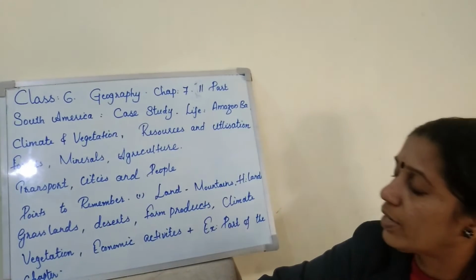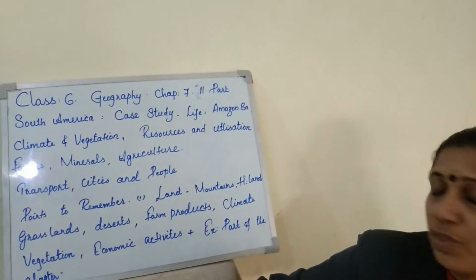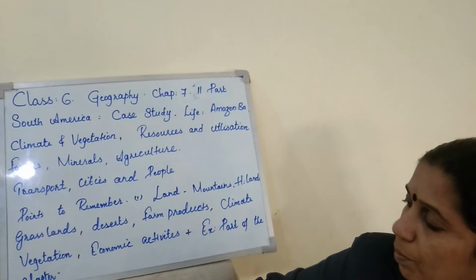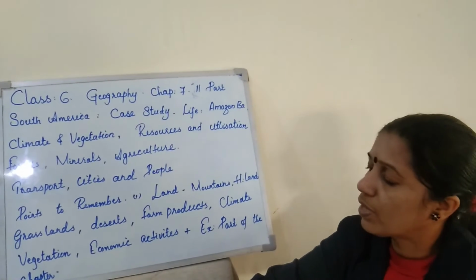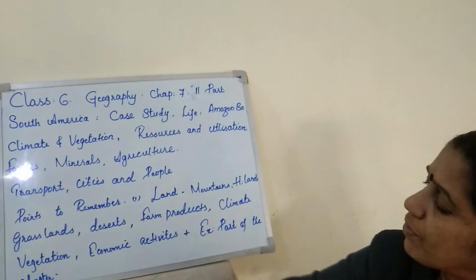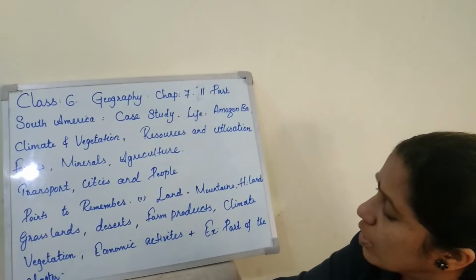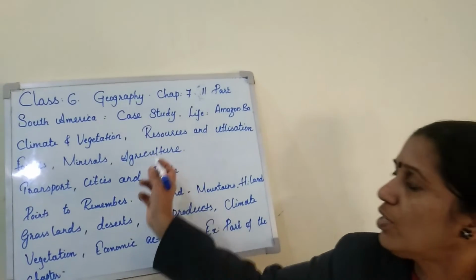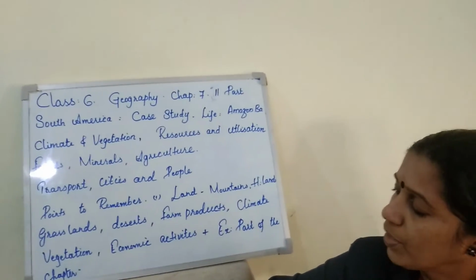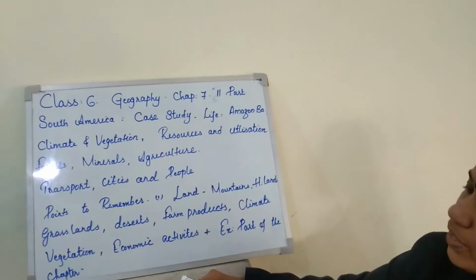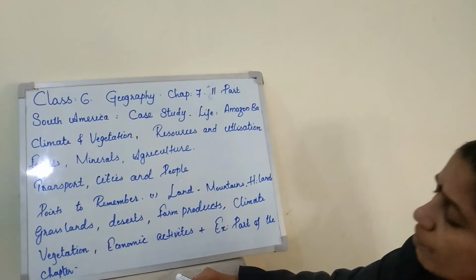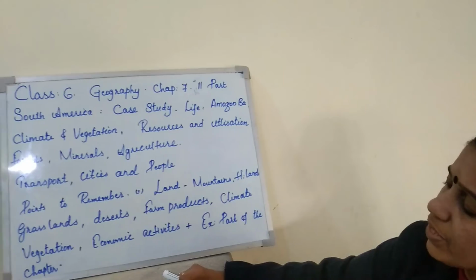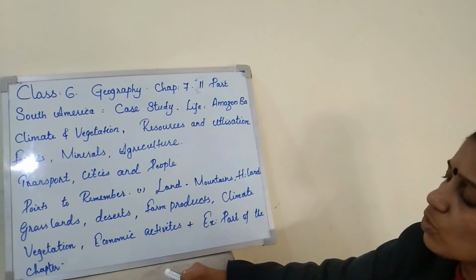Then next is agriculture. Agriculture means we know that the soil of the Amazon basin is not fertile, because of the continuous seeping of rainwater, the soil washes down the nutrients, so that soil is not suitable for agriculture. But the river banks, which are coated with fresh silt every year during the floods, have fertile soil.